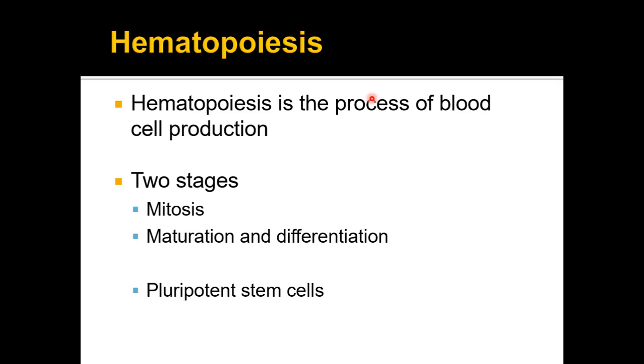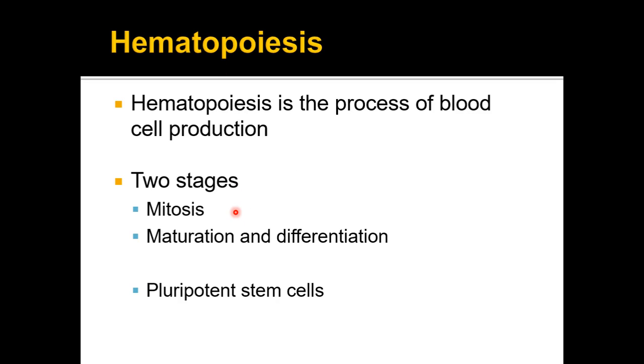Okay, so how do blood cells, not just red blood cells, but all blood cells form? Well, we call that process of blood cell formation or production hematopoiesis. And with each blood cell, hematopoiesis basically occurs in two basic stages.